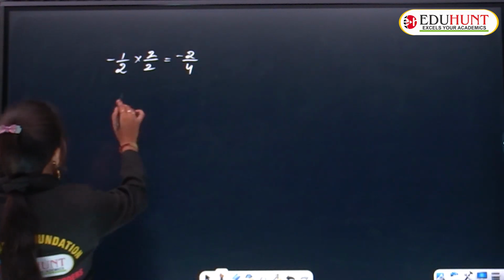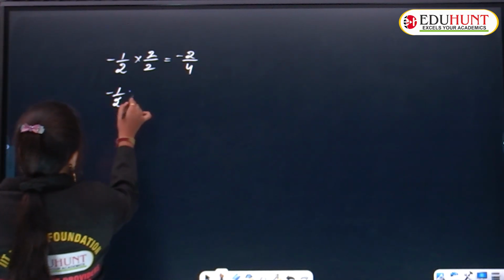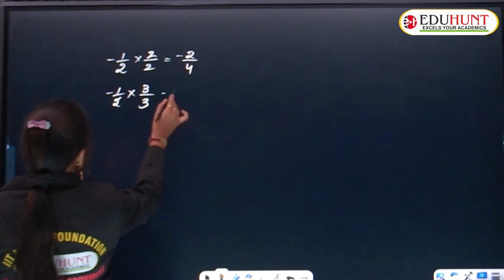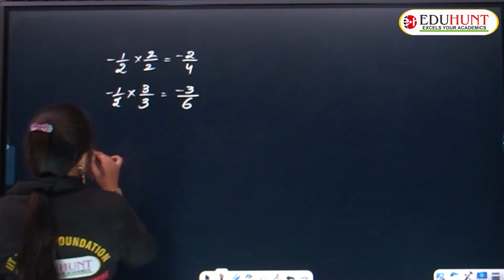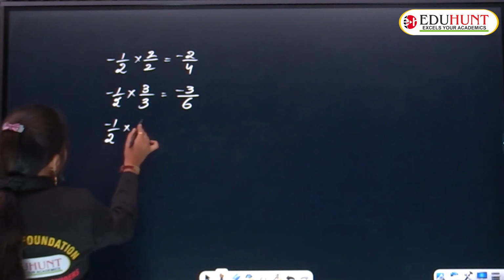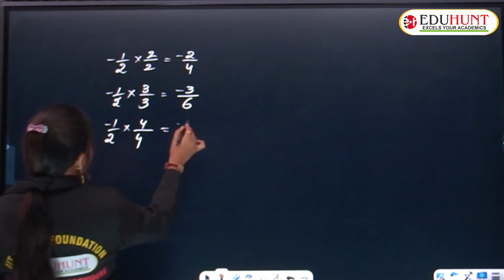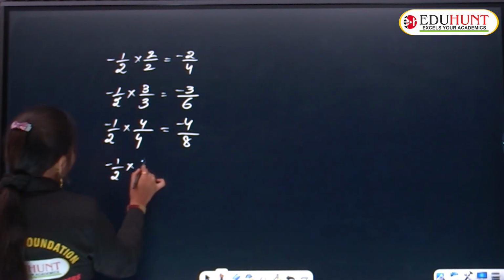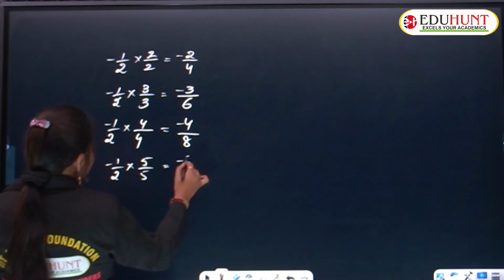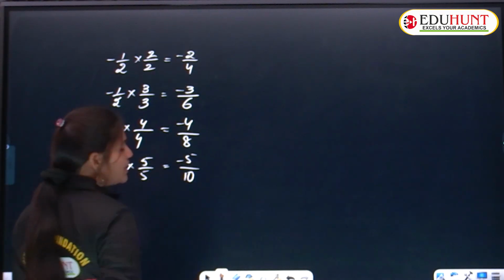Understood? Now say minus 1 by 2 multiplied by 3 by 3: minus 3 by 6. Minus 1 by 2 into 4 by 4: minus 4 by 8. Minus 1 by 2 into 5 by 5: minus 5 by 10. Understood?